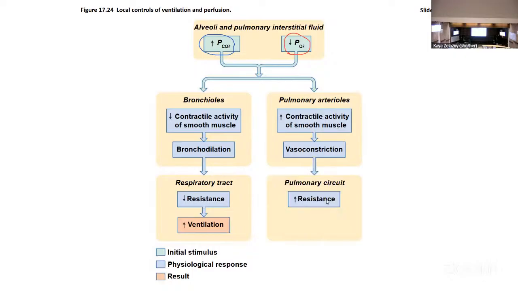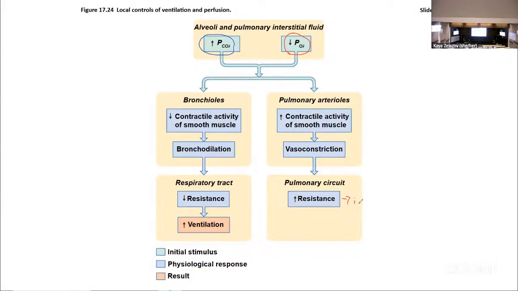Okay. This increases resistance in the blood, right? So you want to note, this is in the blood. And this resistance is talking about in the airways. Right. So we can have resistance going down and up at the same time because we're talking about different substances.